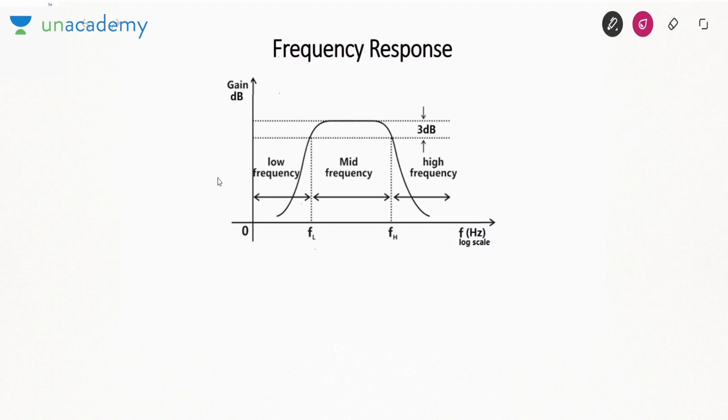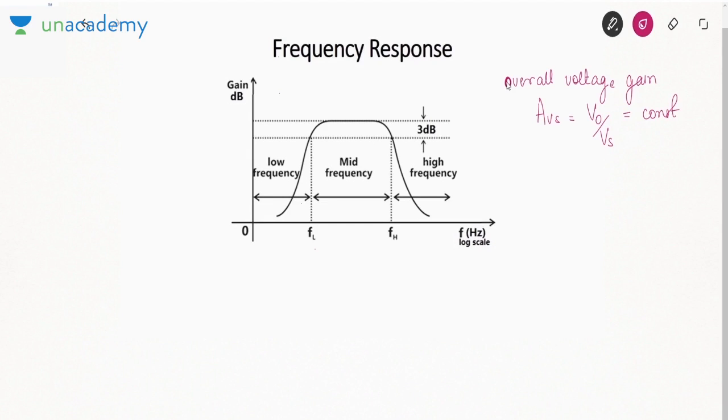So in this video we'll try to understand how the gain of an amplifier varies when we vary the frequency of the input signal. Up to now, when we were talking about overall voltage gain, we were writing AVS is equal to V0 by Vs, and it was coming out to be some constant term.